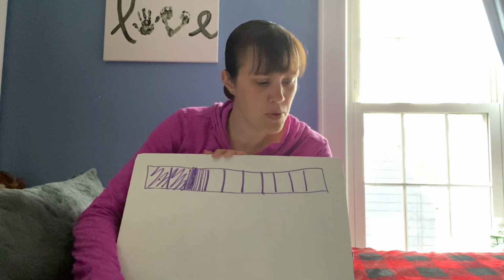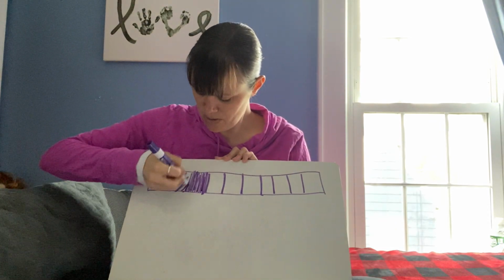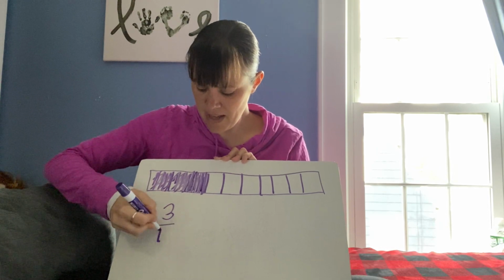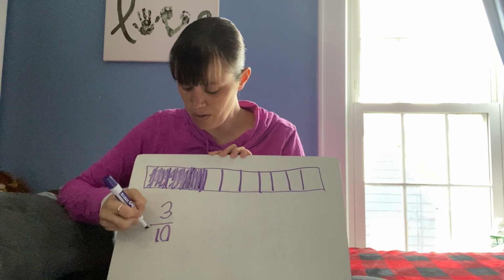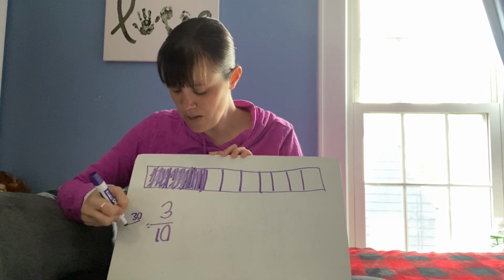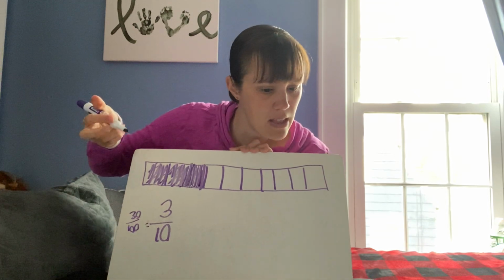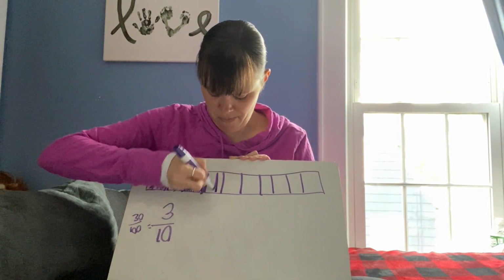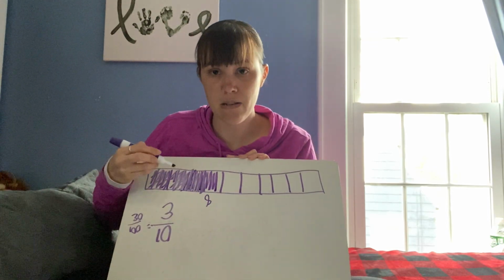All right, so the next one has 3 of these shaded in. How many tenths are shaded in? 3/10 are shaded in, right? And 3/10 is worth 30 hundredths. You can keep that in your head: 10, 20, 30. And then they have this divided, and they have 8 shaded in.